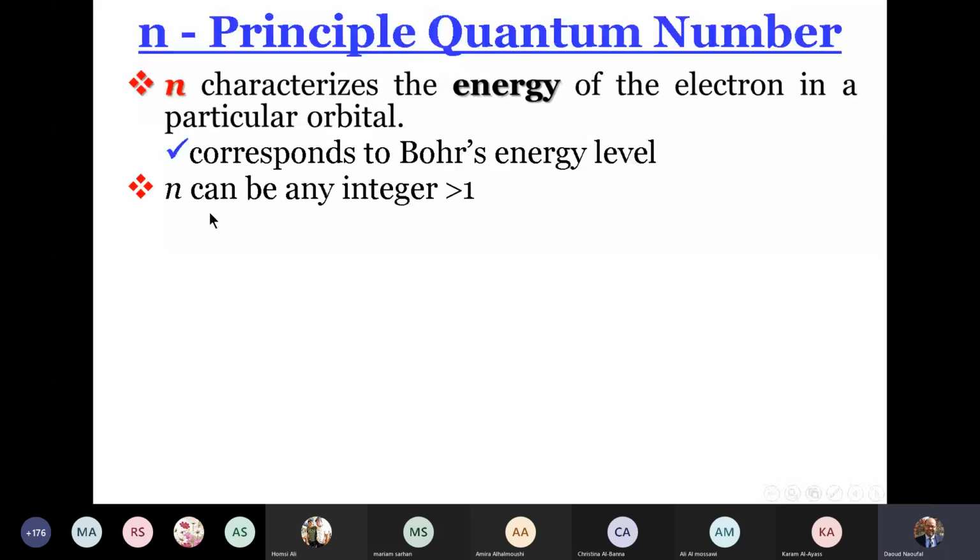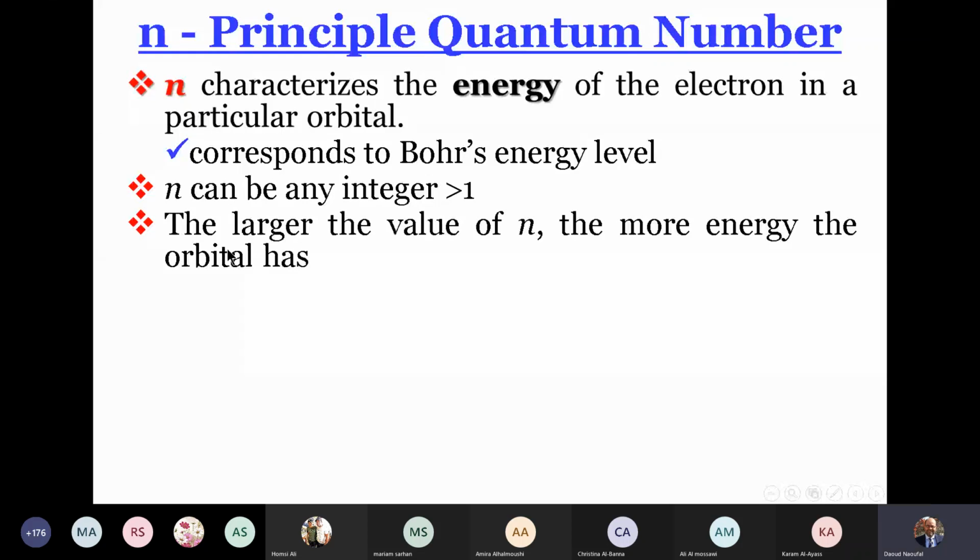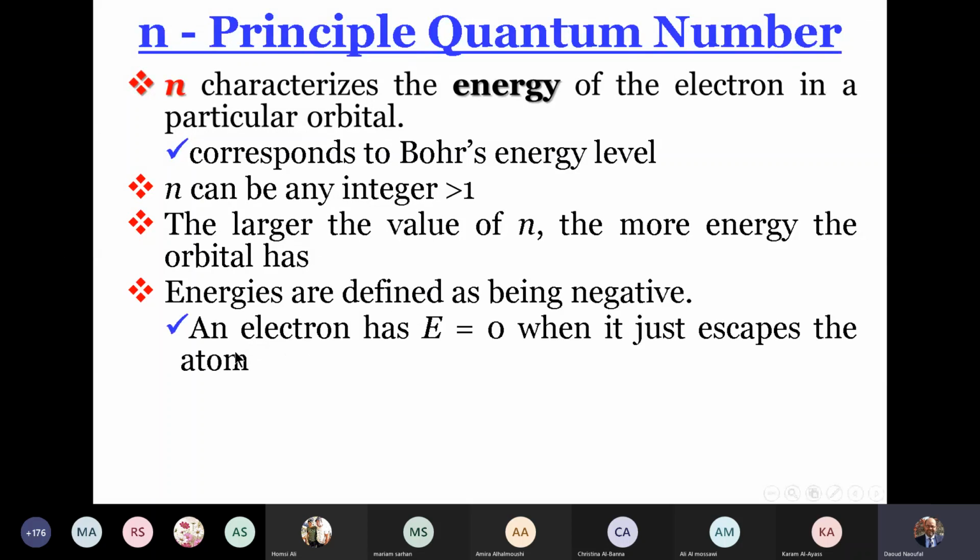The value of N can be any integer number. When N increases, the orbital has more energy. In Bohr theory, we saw that when we are distant from the nucleus, the energy passes from a negative value to a higher negative value, and the maximum energy obtained is the value 0.